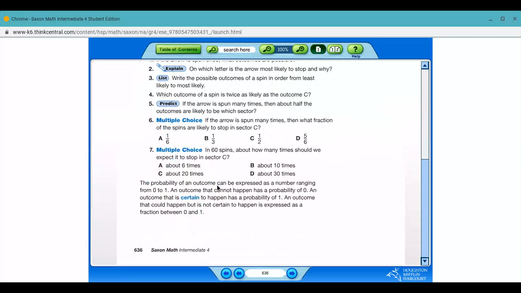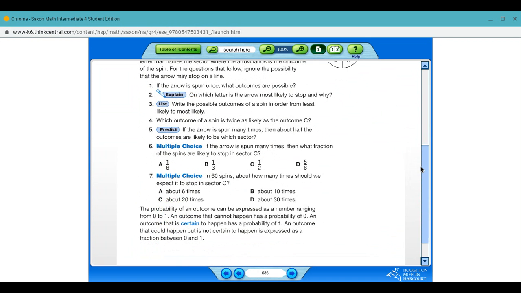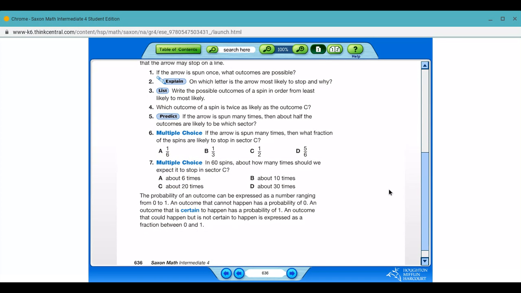The probability of an outcome can be expressed as a number ranging from 0 to 1. An outcome that cannot happen has a probability of 0. So for this spinner, it could not land on letter D because there's no letter D. So letter D would have a probability of 0. An outcome that is certain to happen has a probability of 1.